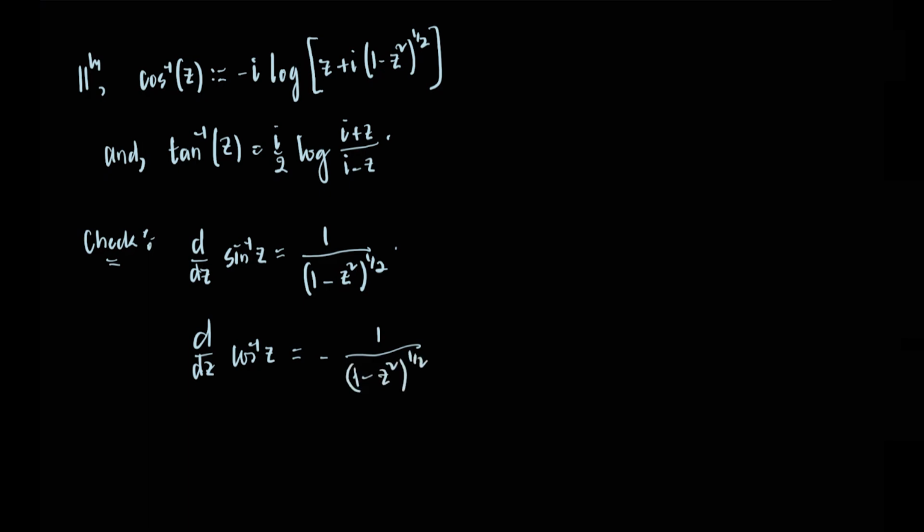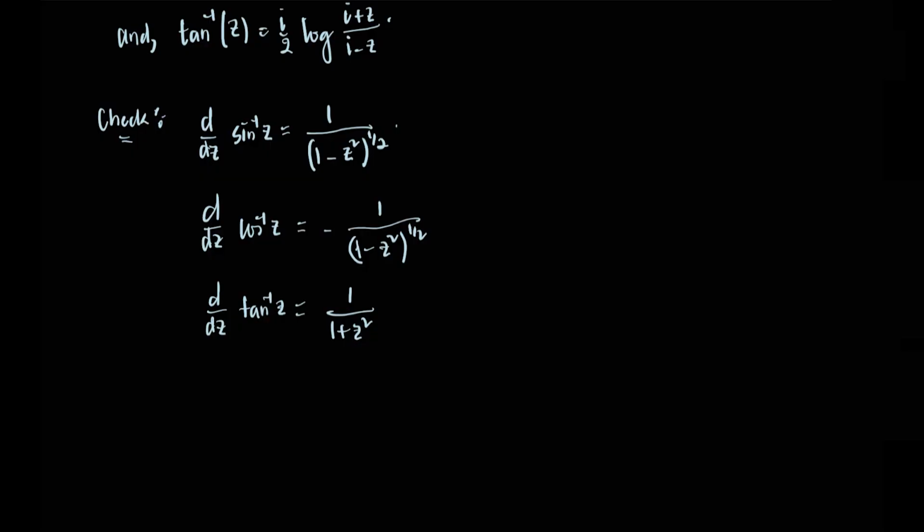And the derivative of tan inverse of z is going to be 1 by (1 plus z square), which you expect.